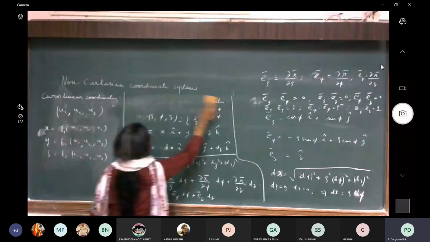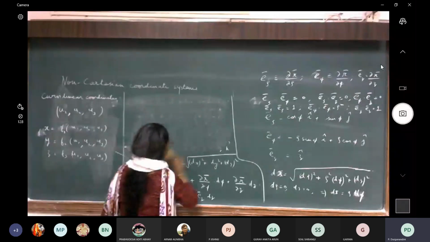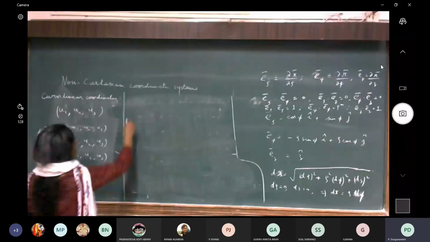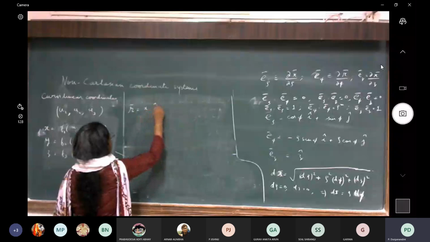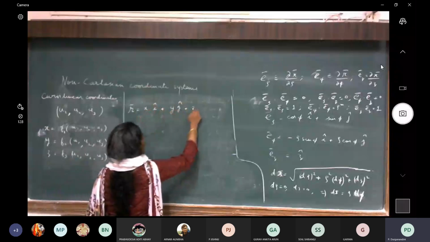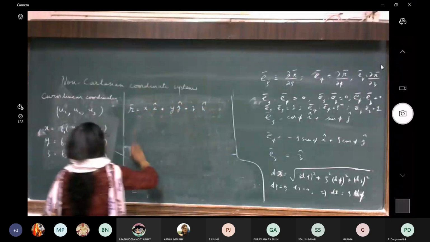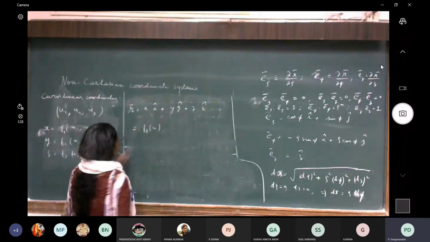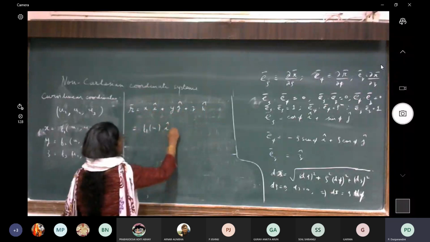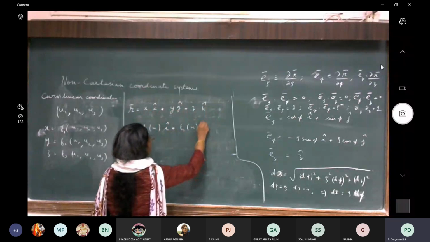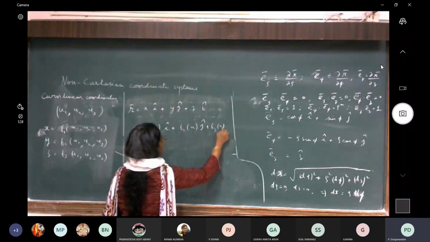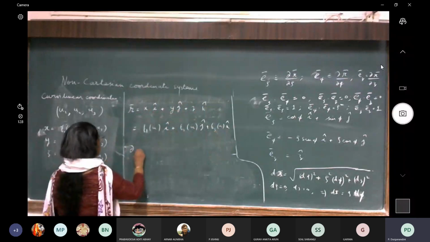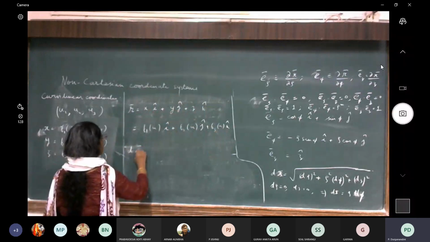So in this most general curvilinear coordinate system, my r, which was equal to x times i plus y times j plus z times k, can be written as equal to f1 of u times i cap plus f2 of u times j cap plus f3 of u times k cap. And then you can also see that I can now write my dr.